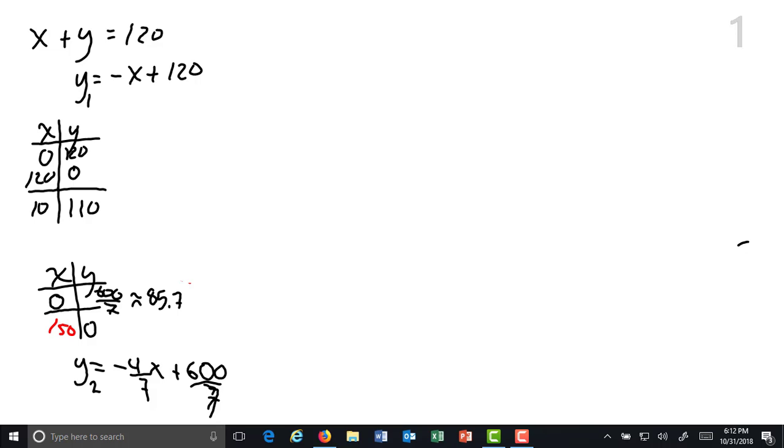Okay, so now we can graph. We started from the word problem where x plus y equals 120 liters. And then we had 40% plus 70% to come up with 50% of the total batch.